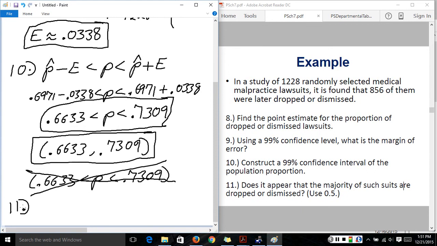And as you can see, with the confidence interval we made, we are 99% sure that the true population proportion is at least 0.6633, which is much larger than 0.5. For those reasons, yes, it looks like most of them are dropped or dismissed. We could speculate on reasons for that, but that is what the numbers say.